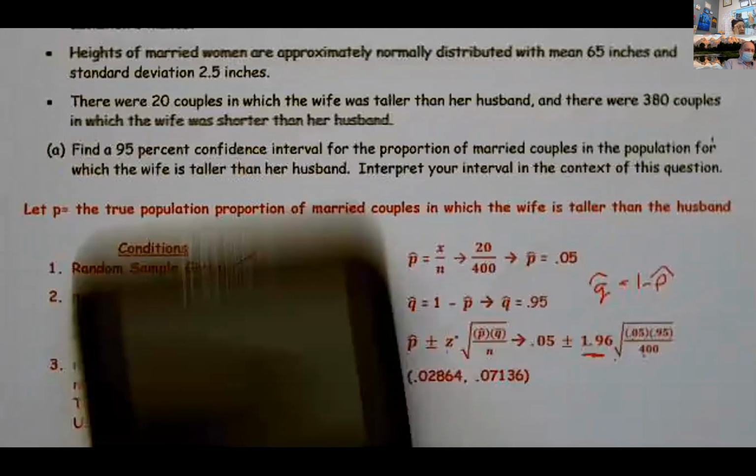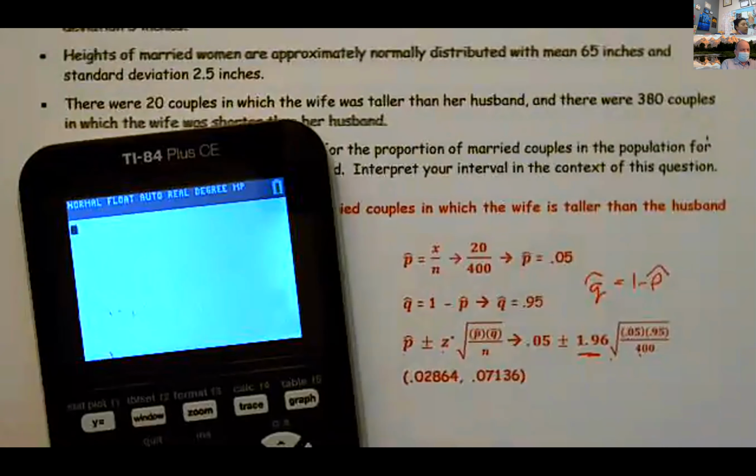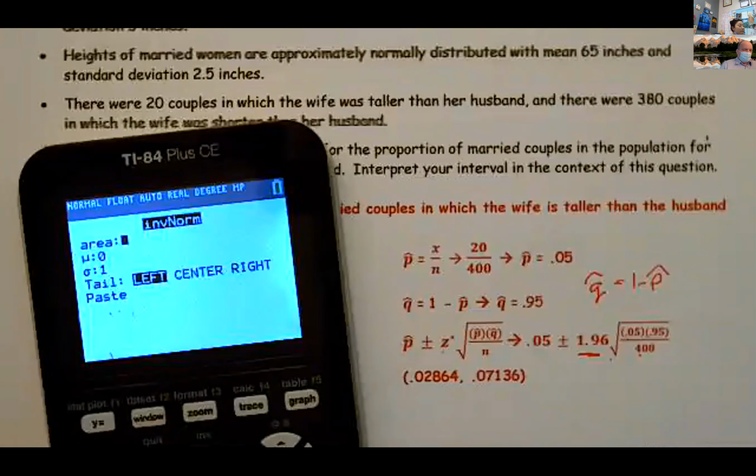So the z star, just as a reminder, to do that, we're going to go second vars, inverse norm, and our area is our confidence level, so parenthesis 1 minus 0.95 close parenthesis divided by 2. Oops, I ended up in the wrong spot somehow.